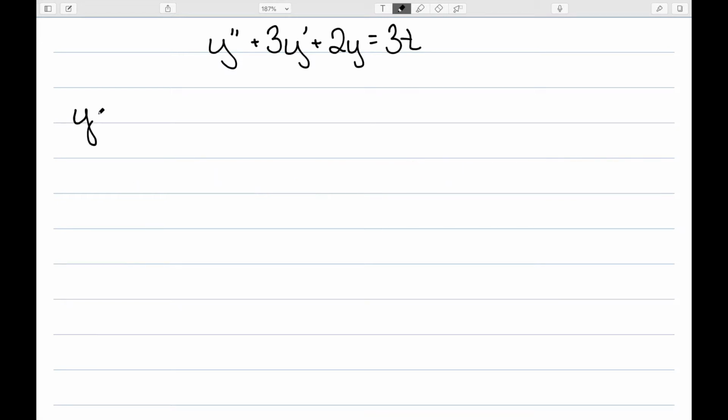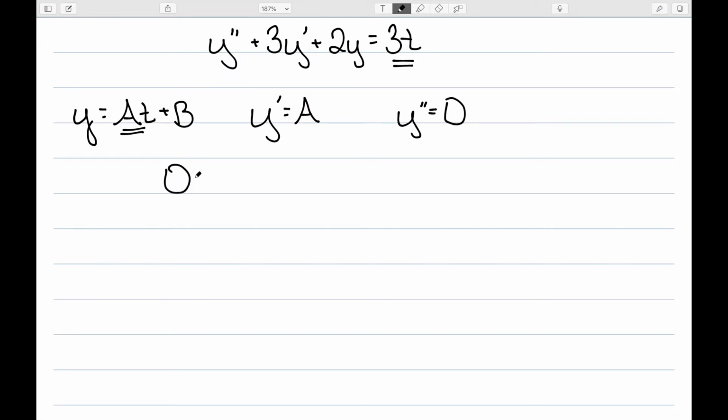So instead of just letting y be equal to at, what we really need is at plus b. Then my first derivative would still be a, and my second derivative would be 0. The idea is we need to consider what this thing is, as well as all of its derivatives. And the derivative of at would just be a, so a constant, and then all the rest of the derivatives are 0.